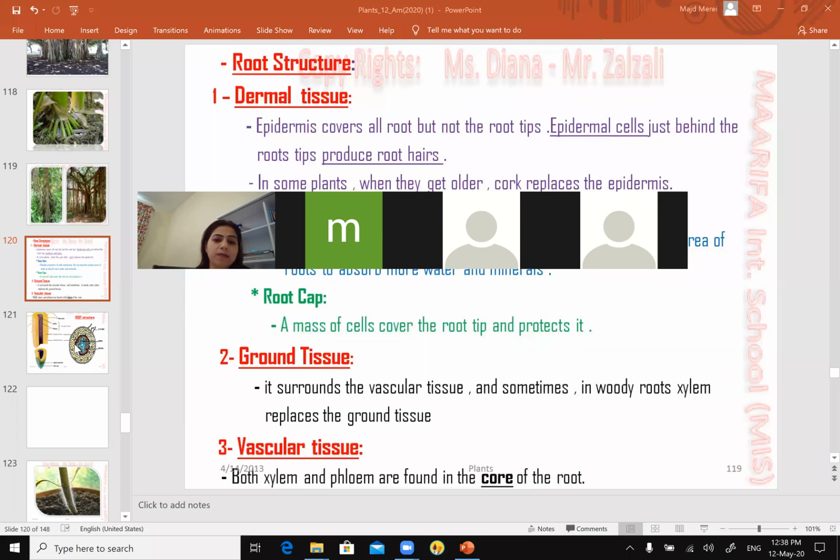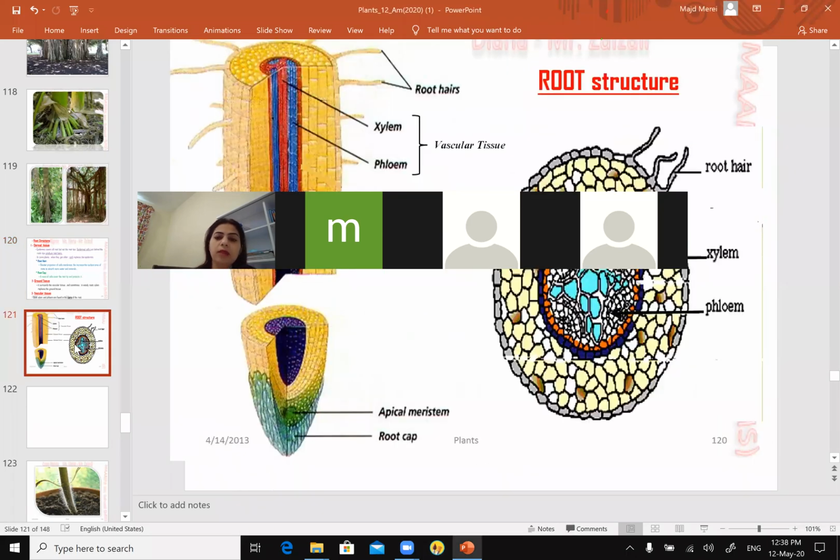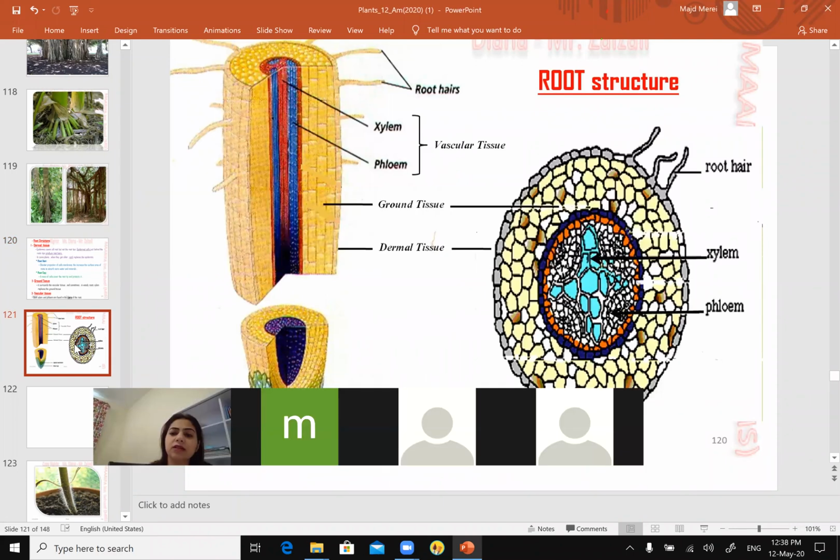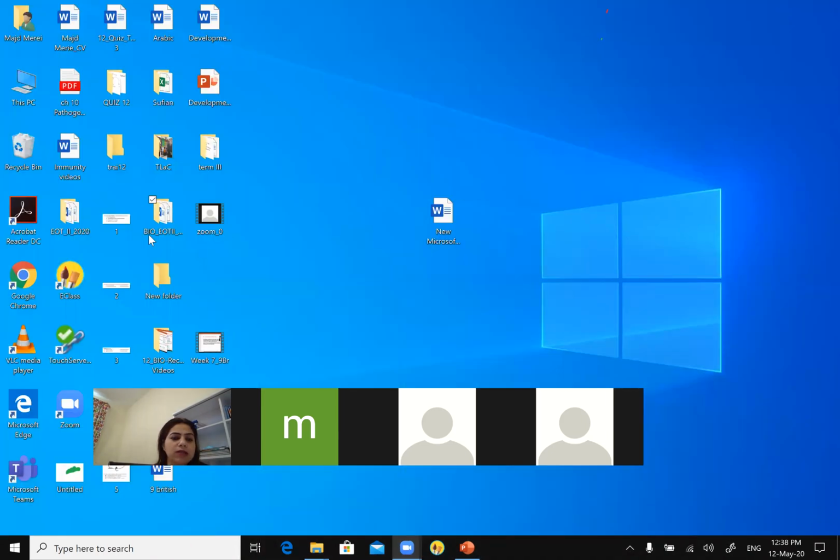Notice the diagram here. The gray color, for example, is only one cell thick. This outer layer is made up of only one cell thickness, even in the longitudinal section. Let's watch together this video. Just 1 minute.